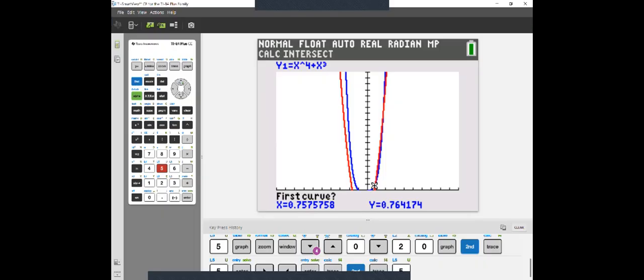And then I have another one up a little higher. That's an intersection. So again, first curve, second curve.